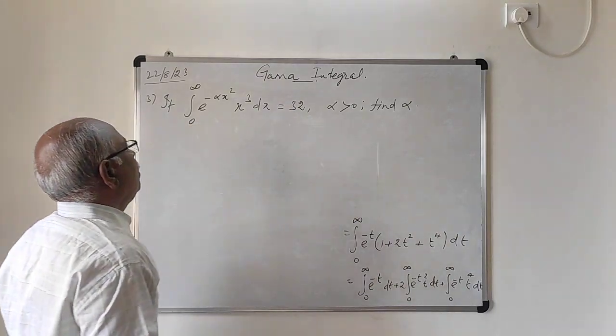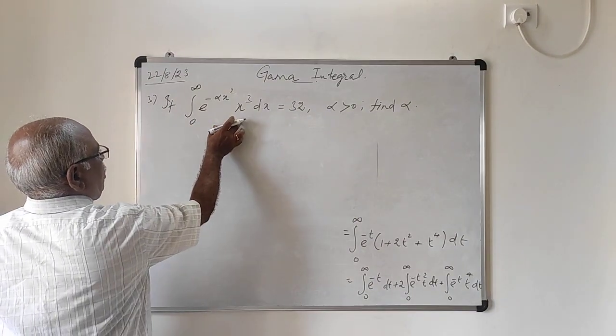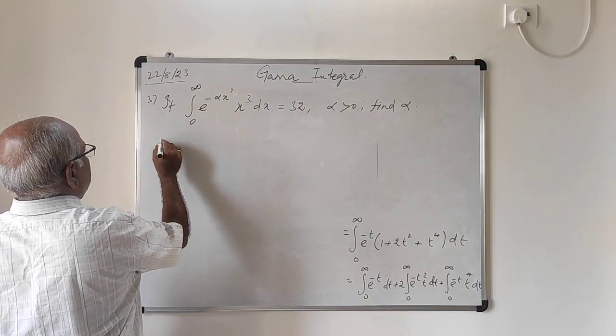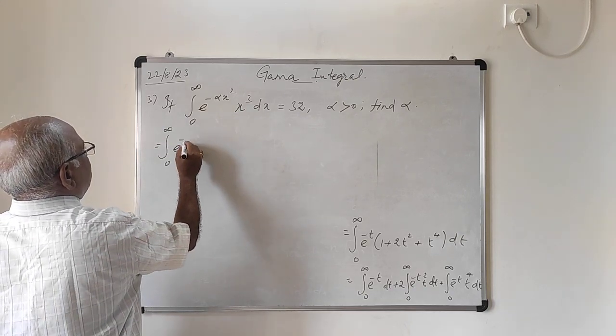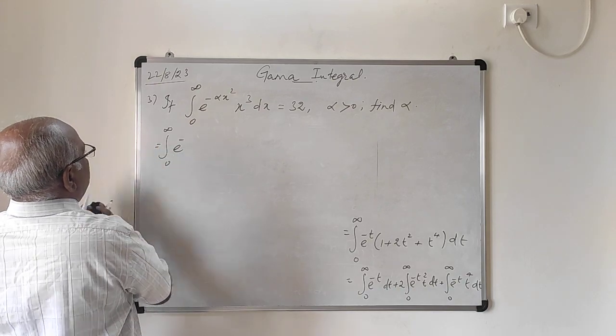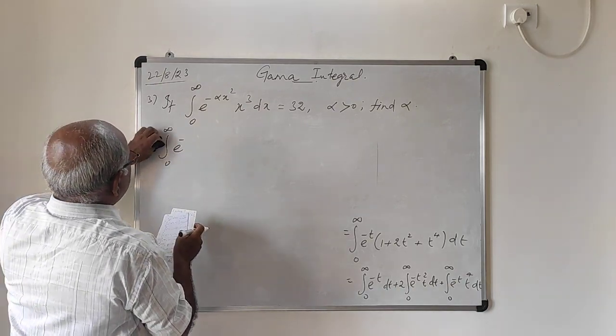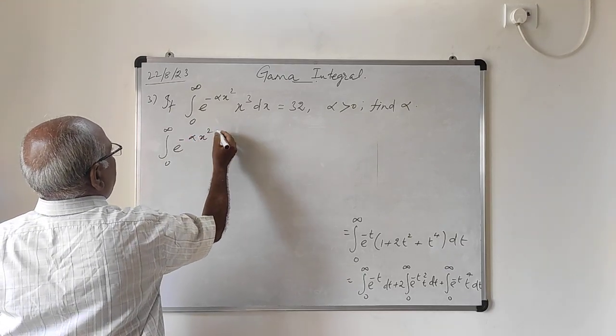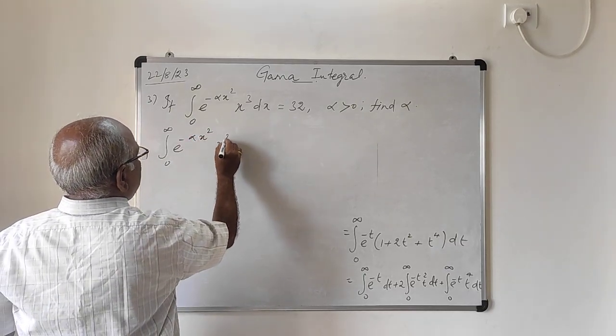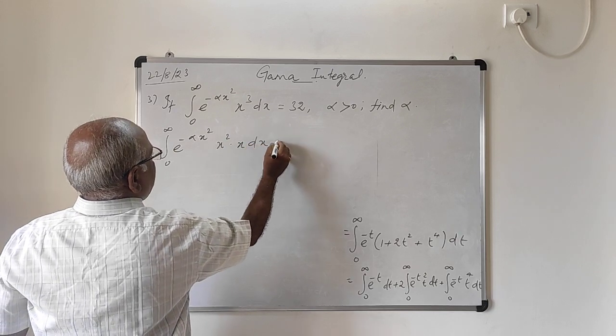That is our problem. To solve it, rewrite it as integral 0 to infinity e power minus alpha x square, and split x cube as x square into x dx, equal to 32.